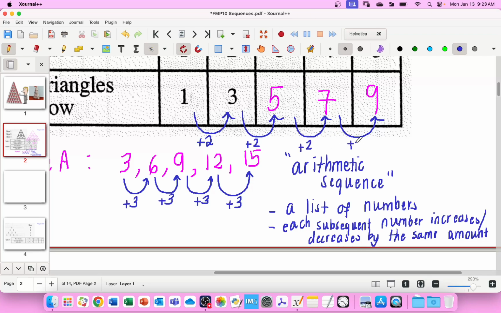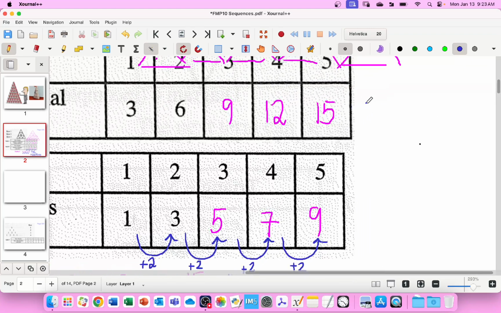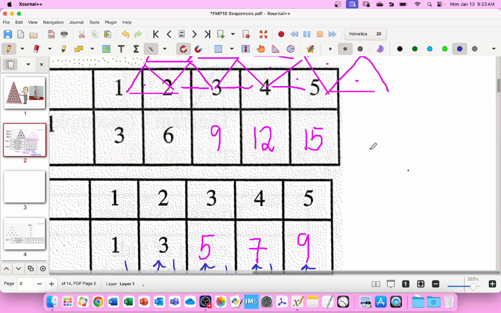So you could start to think about how each of these could actually continue on indefinitely.